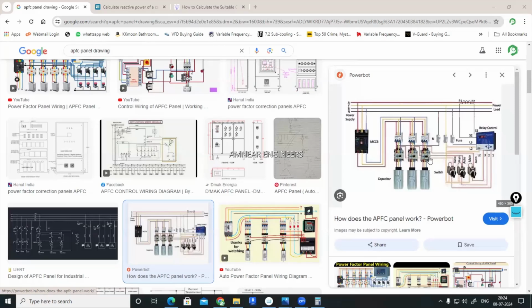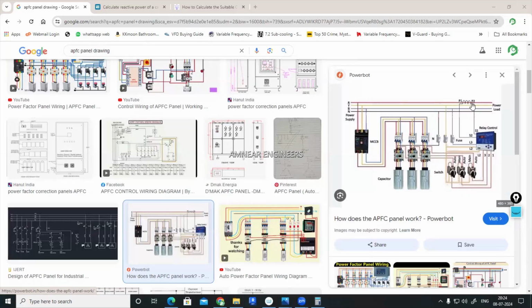What are these? These are contactors. Contactors are switching devices used for high current switching, such as capacitor switching, motor switching, etc. Connections go from the APFC relay to the contactors.